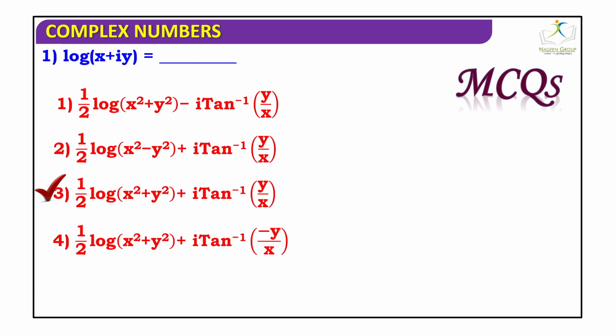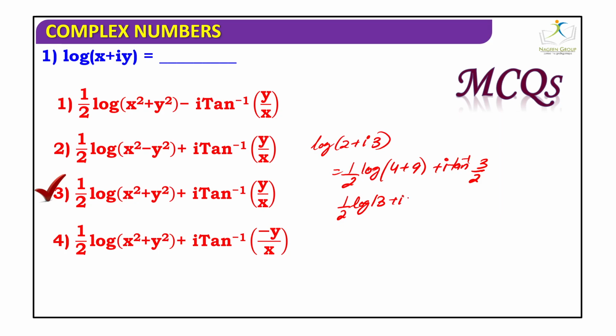So simply, consider log of 2 plus iota 3. I am writing half of log of 4 plus 9 plus iota tan inverse of 3 by 2, right? Half of log of 13 plus iota tan inverse of 3 by 2. So this will be the answer.